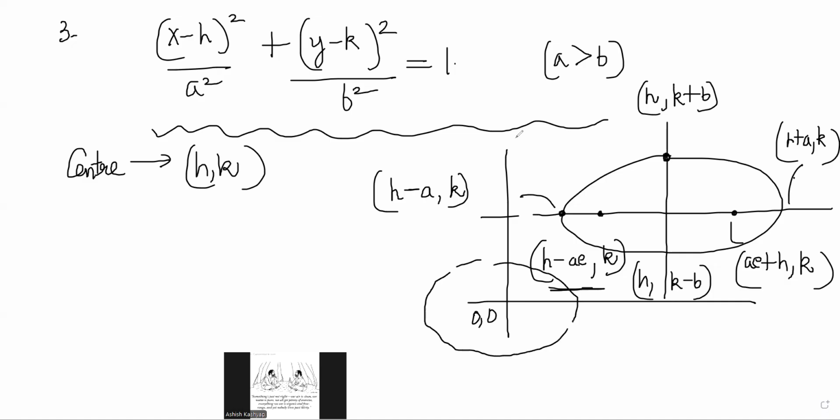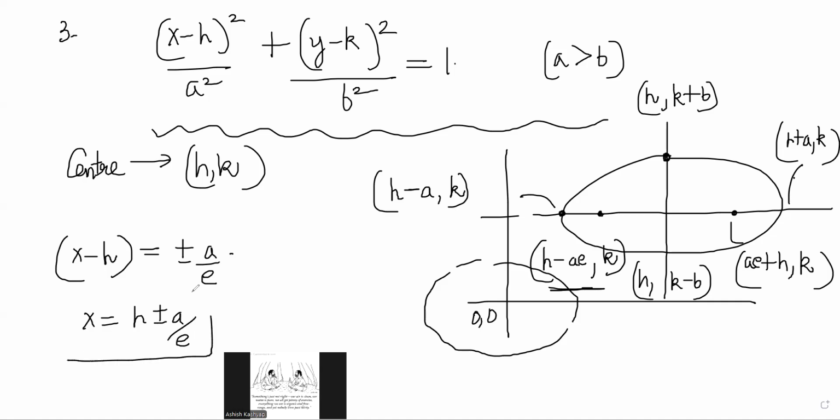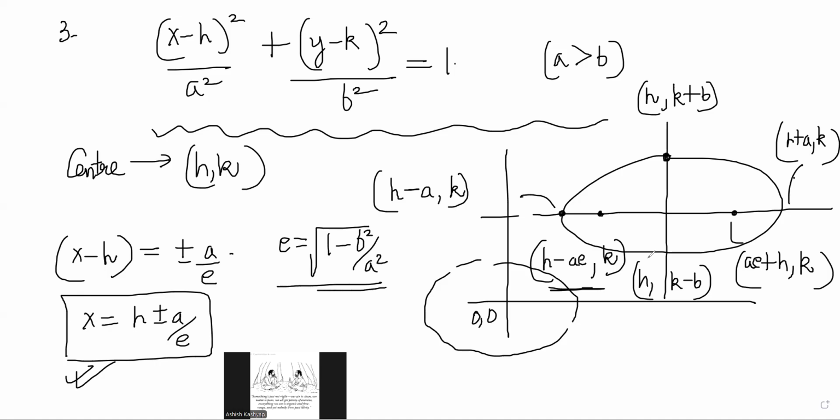So accordingly, we can write the equations of the directrices also. The directrix would be x minus h equal to plus minus a by e. So x would be equal to h plus minus a by e. That is the equation of the directrix. The eccentricity would be the same as before, 1 minus b square by a square, because the shape of the ellipse has not changed.